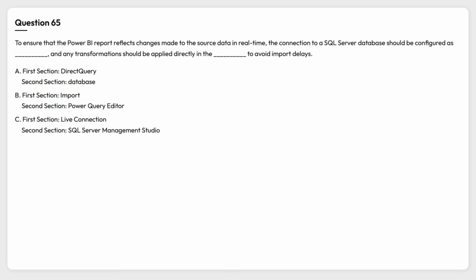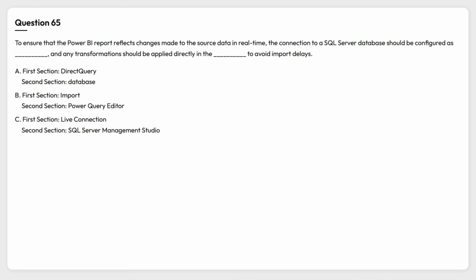Question number 65. To ensure that the Power BI report reflects changes made to the data source in real time, the connection to the SQL Server database should be configured as blank space, and any transformation should be applied directly in the blank space to avoid import delays.